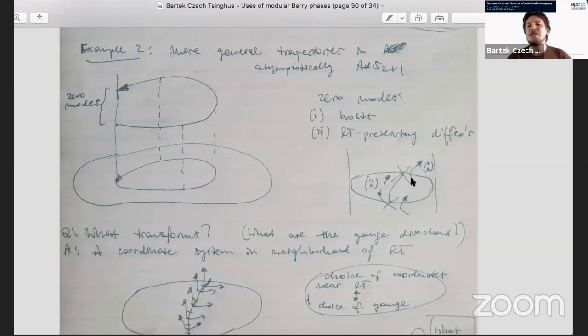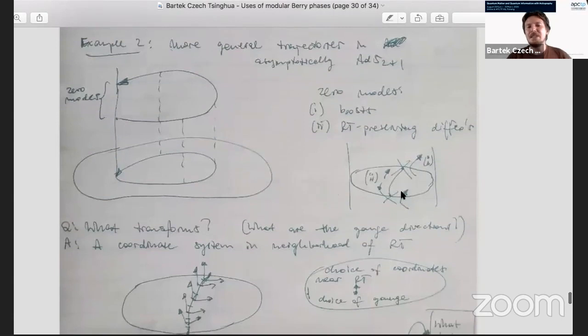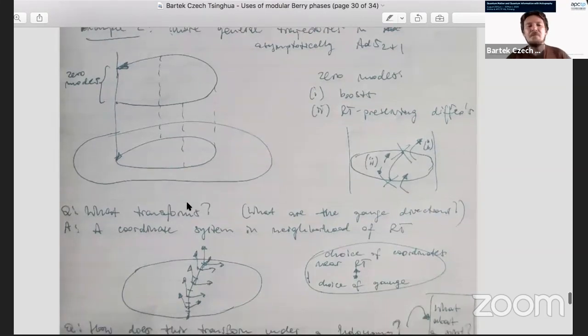Boosts are really the only thing that can act orthogonally to the RT surface and also preserve it. Yeah? And so both the alongside and the orthogonal boost freedom is what the 0 modes are. Whereas the fiber directions will be, we can travel in the base directions by everything else.